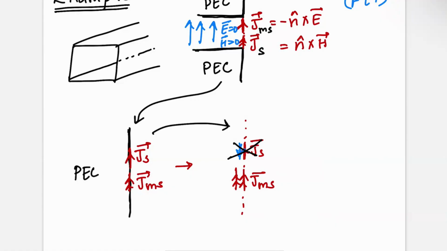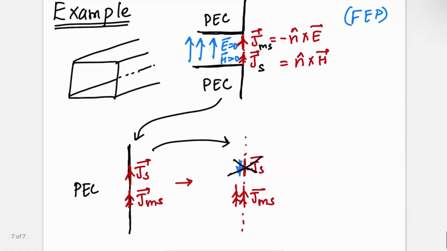Right, so what we've done is we've taken a waveguide problem, a radiation problem from a waveguide, and we simplified it to nothing but a current suspended in space, magnetic current suspended in space. Right, so this JMS is nothing but 2 times n hat cross H. Keep confusing these two things. It should be minus 2 times n hat cross E.